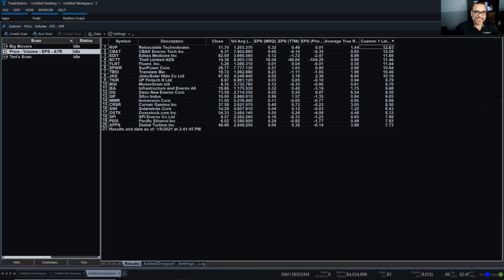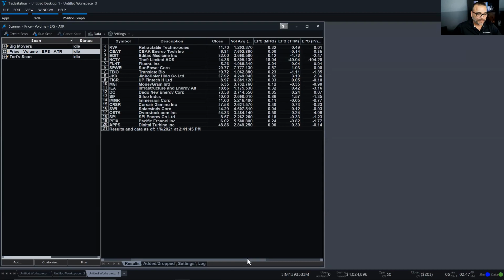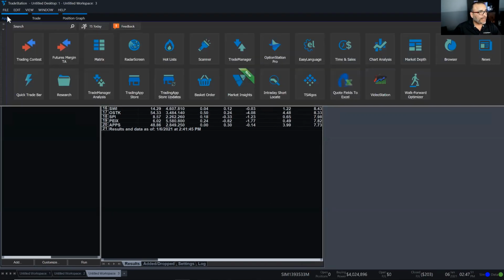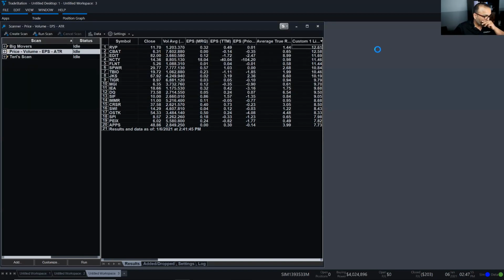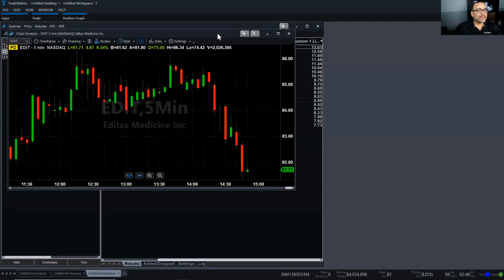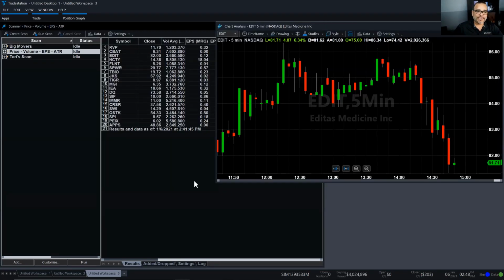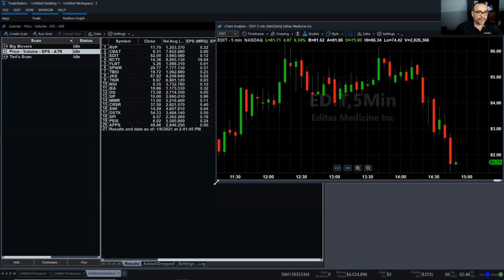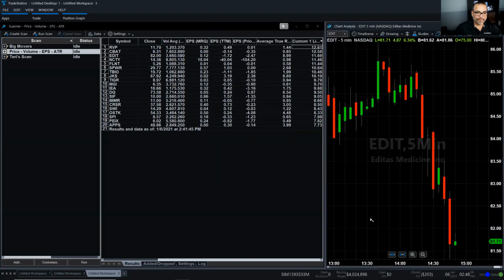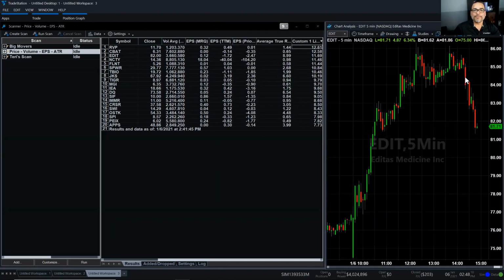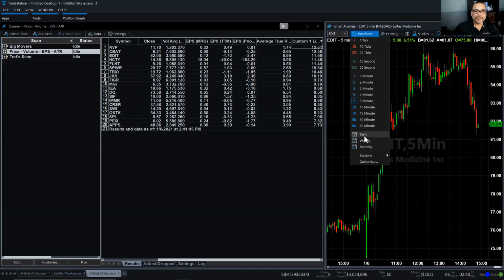I'm going to resize my scanner. Okay, let me pull up my chart. And here, let me just put my chart on the right-hand side. Reduce the bar spacing, turn this into a daily chart.